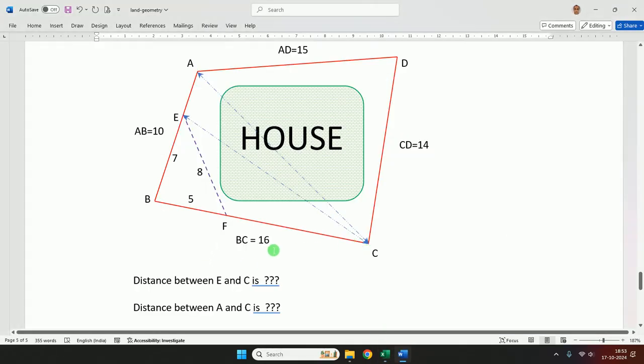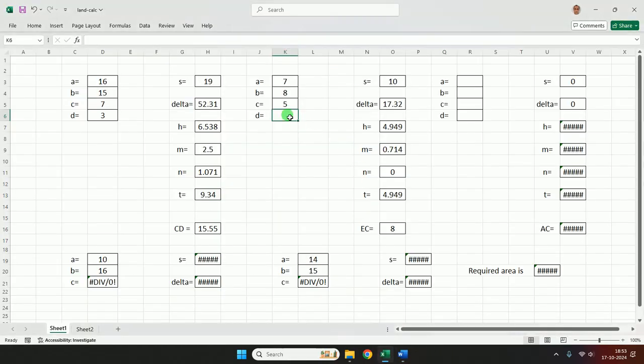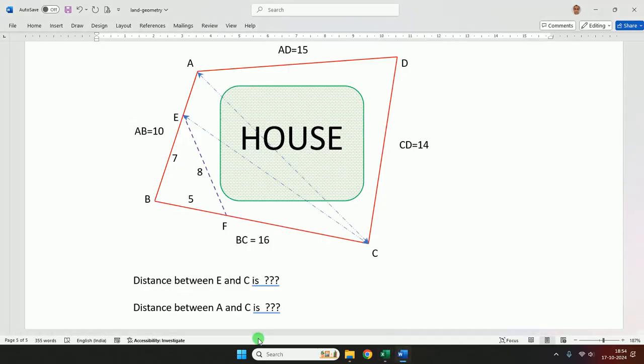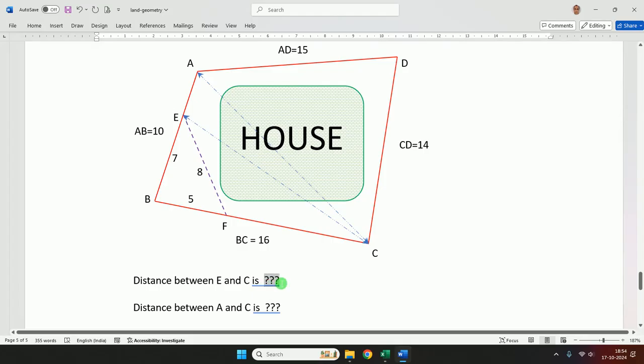That means this one, 16 minus 5 is 11. So this part is 11. So we see it is 16.52. EC is 16.52.